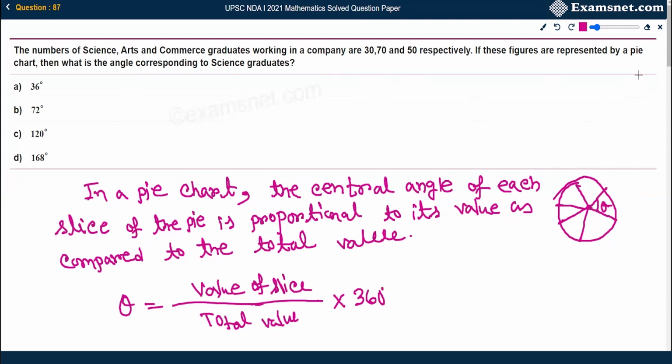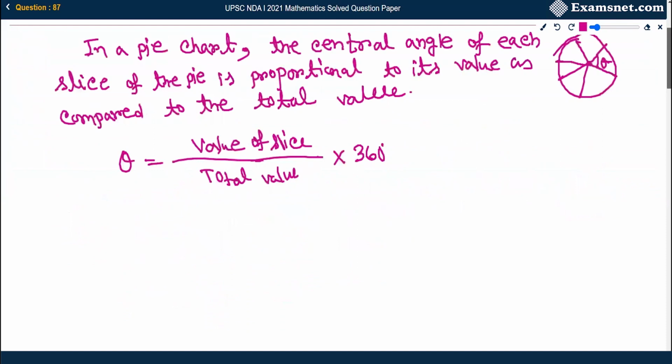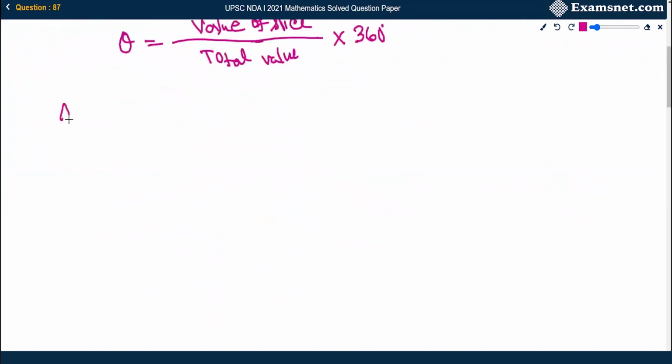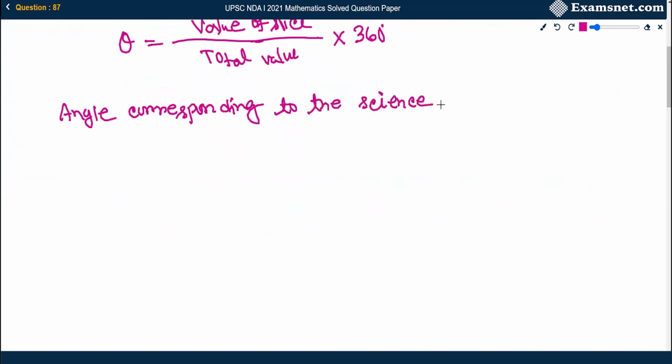So here, the angle corresponding to the science graduates, let's say theta equals the number of science graduates by the total number of graduates.